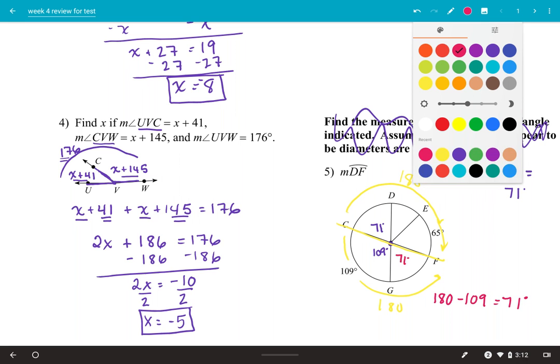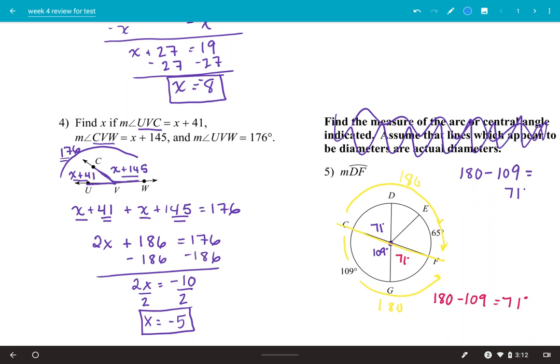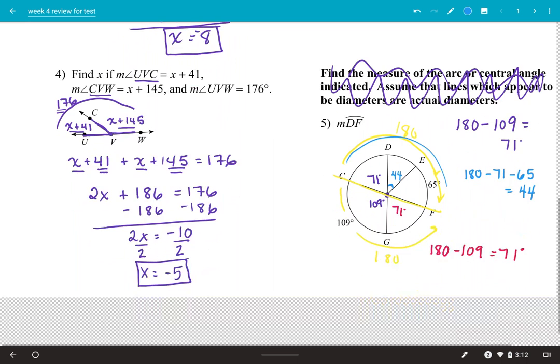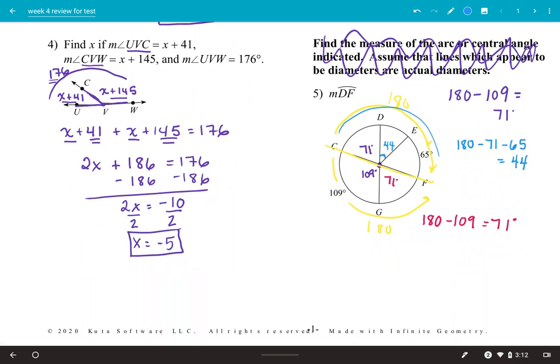Now the other one, so up here, I know I can go 180 minus 71 minus 65, and that's going to give me this angle in here. So taking out your calculator, we're going to get 44. So this is 44. And once you're able to do that, you're able to answer any other kinds of questions.